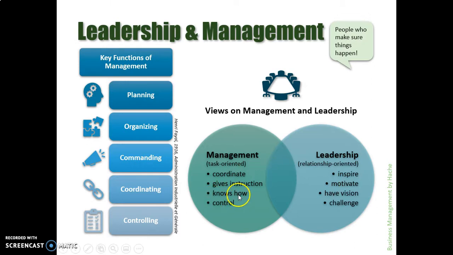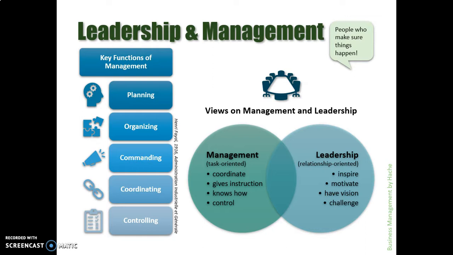While management is knowing the hows, the whats, the whys, knowing exactly what has to be done in the job, being a leader is more about adding vision, looking at the bigger picture of what people are doing in the organization. And while management is having control over specific situations, leadership seems to be more like challenging people to go farther. So it's like management is controlling, is like checking that everybody is doing exactly what they have been asked, while leadership is pushing them a little bit farther than what they have been asked.